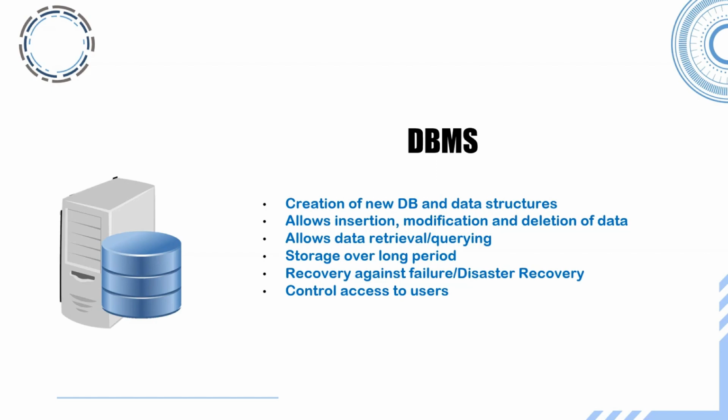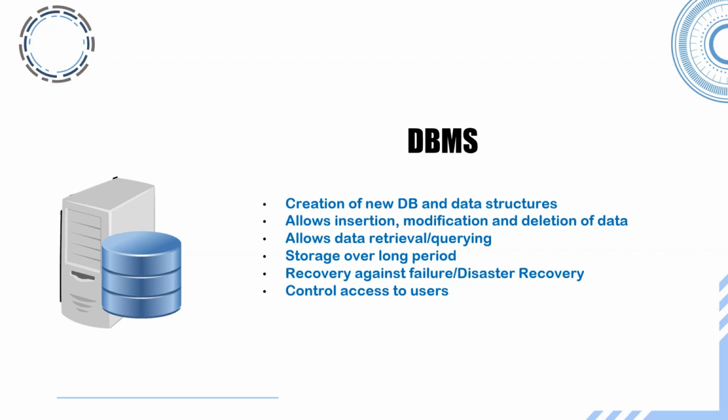A DBMS helps us to store this data over a long period of time. Whenever we want to do historical data analysis, or let's say we are storing a set of transactions over a period of one year or even more, such long-duration data storage can be done efficiently with the help of database management systems. They provide recovery against failure, also known as disaster recovery.